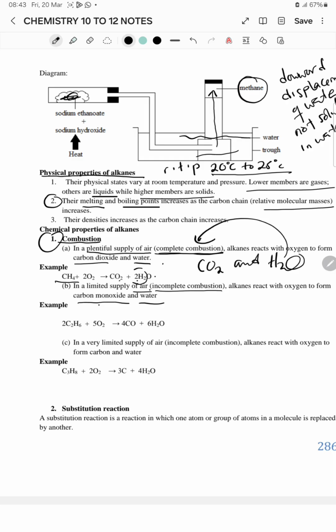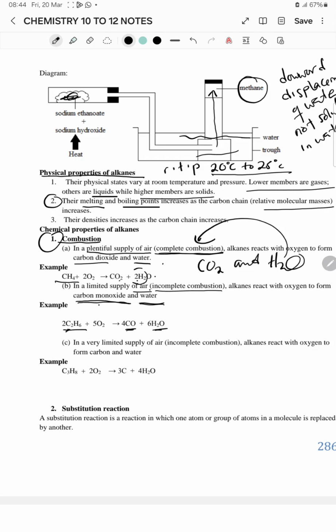This is the second member of the alkanes, called ethane, because of the 2 carbon atoms here. They react with oxygen to form carbon monoxide and water, and that is the balancing.